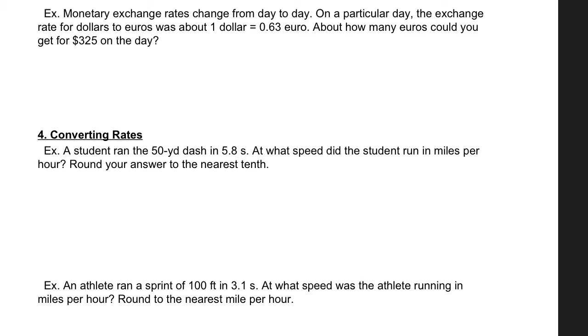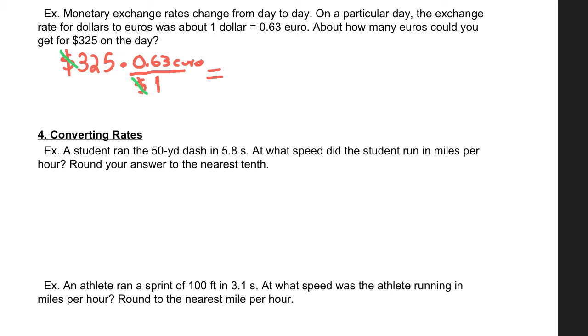So I'm going to start with my $325, and then my conversion factor, I'm going to put $1 on the bottom, and I'm going to put 0.63 euros on the top. The reason I do that, again, so that these dollars, the factor of dollars, divide out.